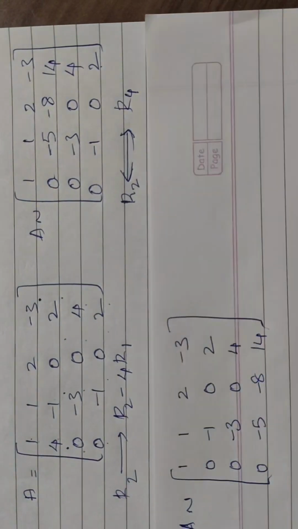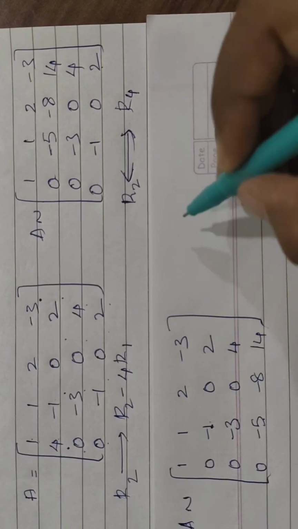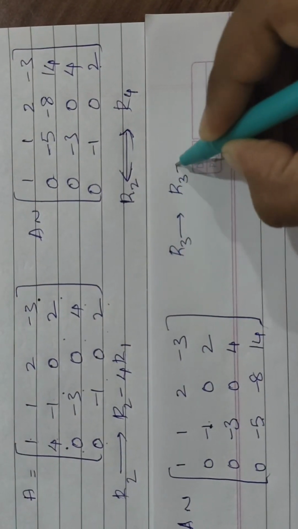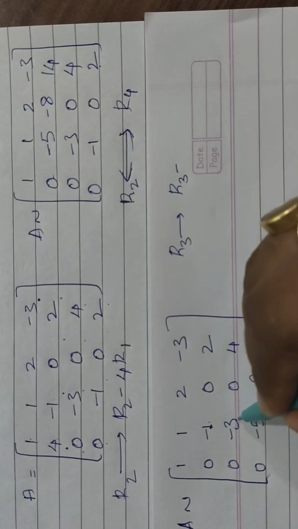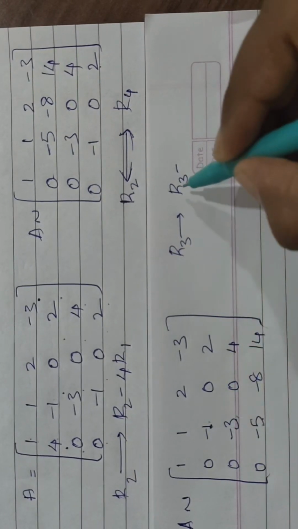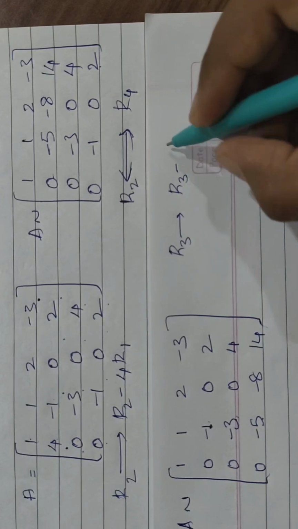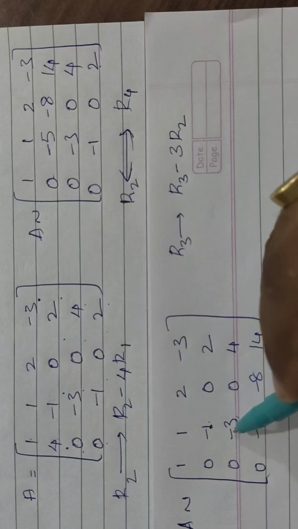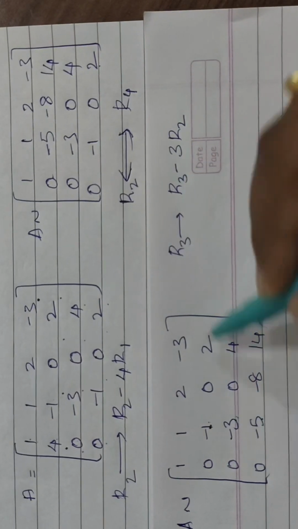So now we'll start the second step. Okay. See here I am having minus 1. So I will make this and this 0 using this one. So R3 is changing to R3 minus, see here the minus 3 here and minus 1 here. So what I will do is, I will subtract. Okay. R3 minus 3R2. So if I do this, R3 will be minus 3.